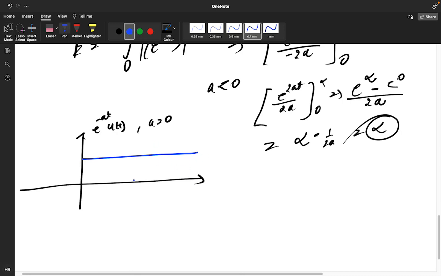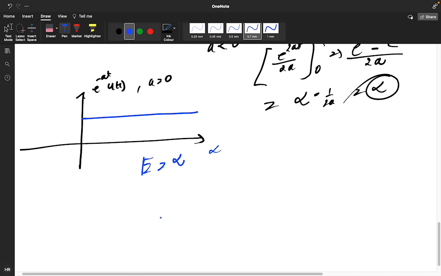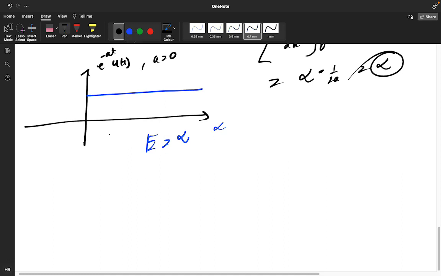This is also an infinite energy signal. It goes to infinity, so the energy of this will also come out infinite, if you solve it.